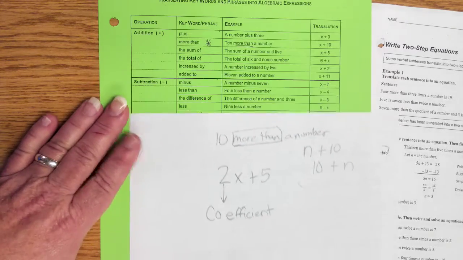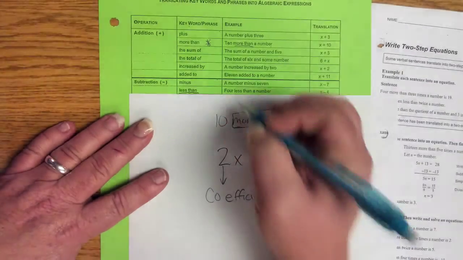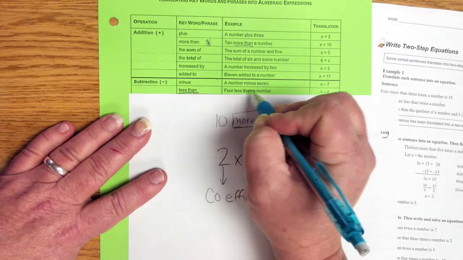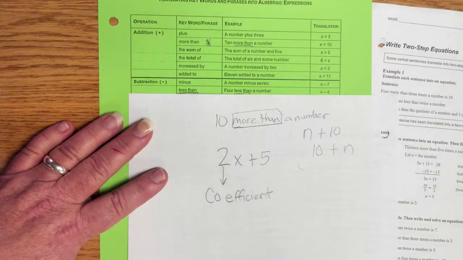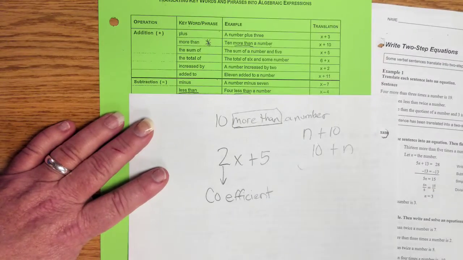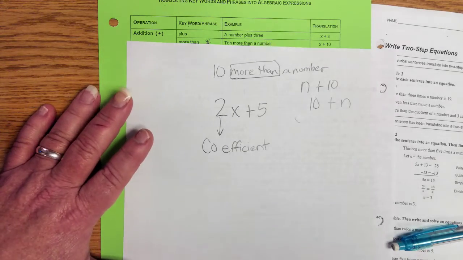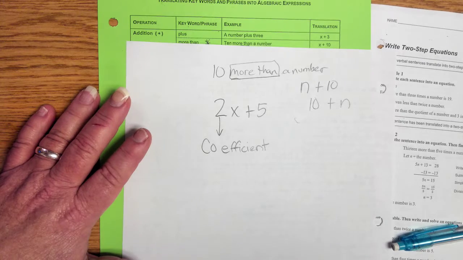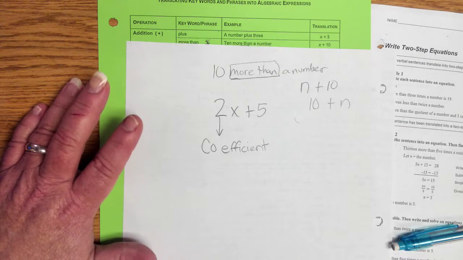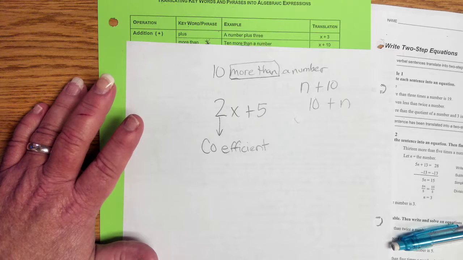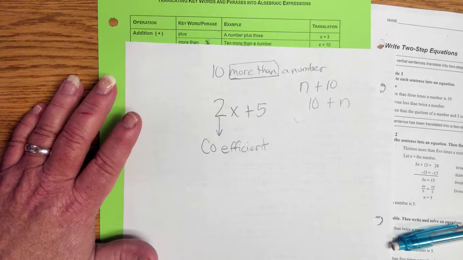But in subtraction, when you have less than, 4 less than a number, think about it. If I told you 2 less than 3, what would you give me as your answer? 1. Because you took 3 subtract 2, correct?